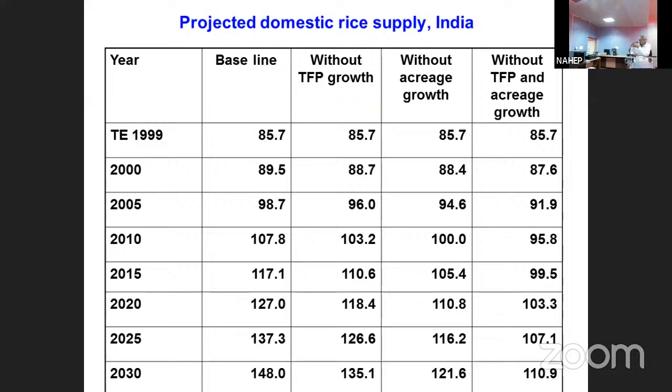And if you look at the actual production, it is quite close to this. So even after 25 years, the projection is still valid. It means it is a sound methodology by which we can have the supply and balance. By 2030, these are the numbers, and this was also computed by another model, and they are also matching this.